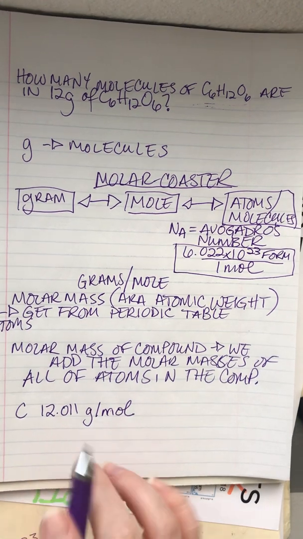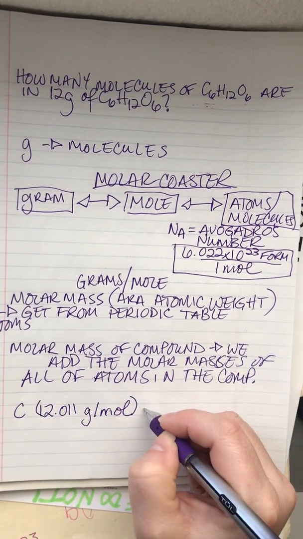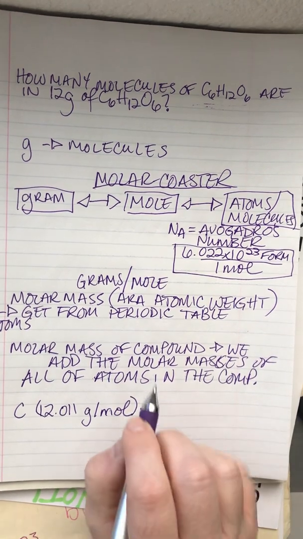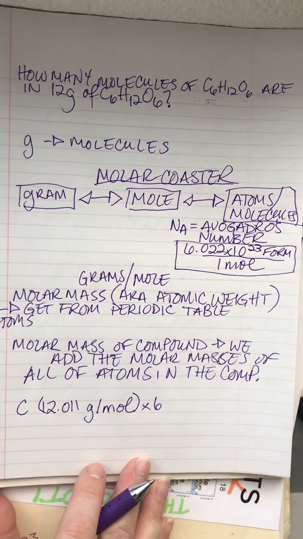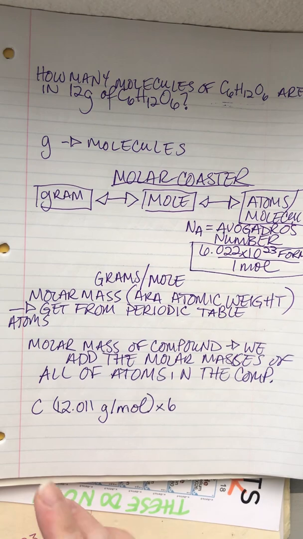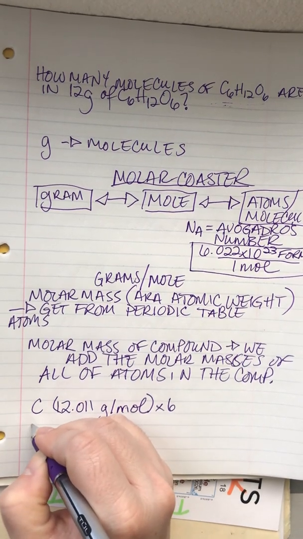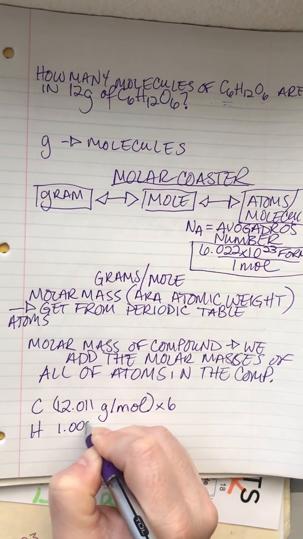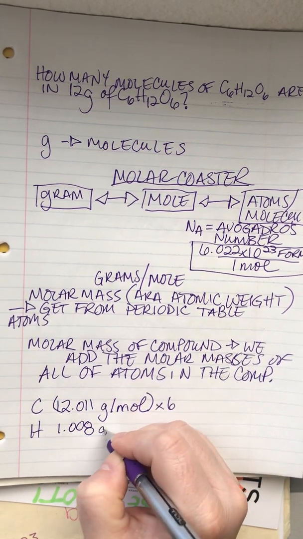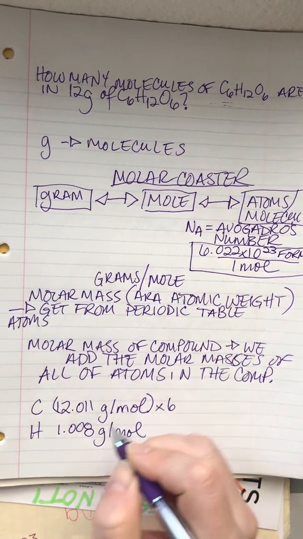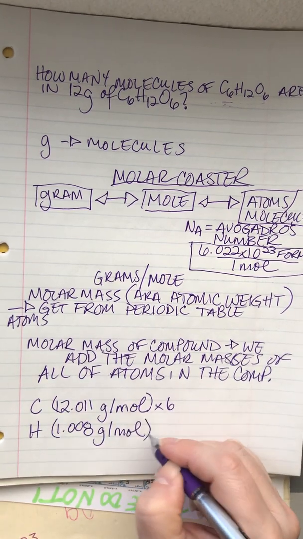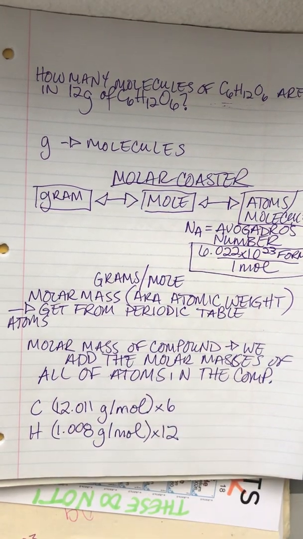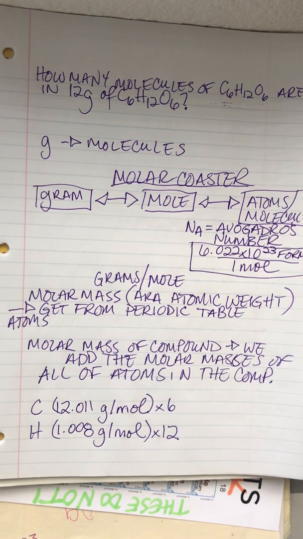So if we know that carbon has that molar mass, and we know that there are 6 of them, we just multiply it by 6. We know that hydrogen has a molar mass of 1.008 grams per mole, and we know that there are 12 of them, so we multiply by 12.